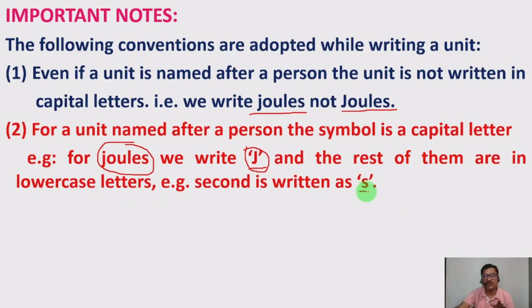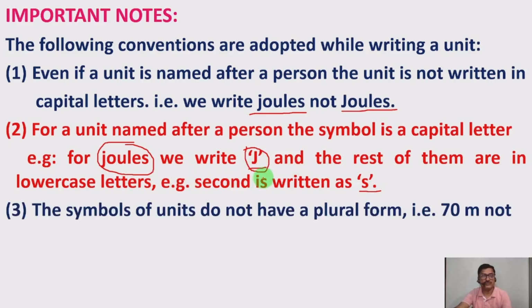The second is not a name of a scientist, that's why s is lowercase. For temperature, kelvin, K only we take. Only if the name of the person is there, the unit symbol we need to take capital, but the whole unit name in lowercase.